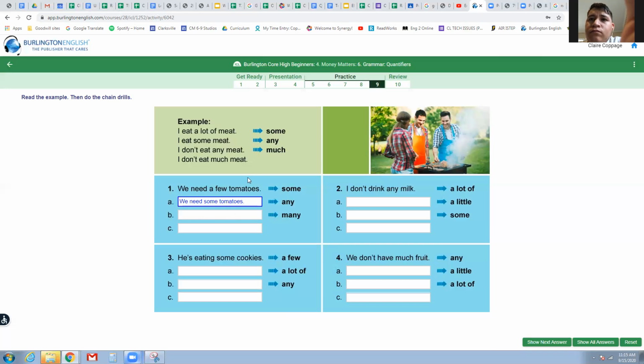So this word replaces this word. So now we're going to change, vamos a cambiar quantifier to any. En any, usamos any cuando está negativo, negativa. So, ¿cómo cambiamos we need al negativo? ¿Recuerdas?